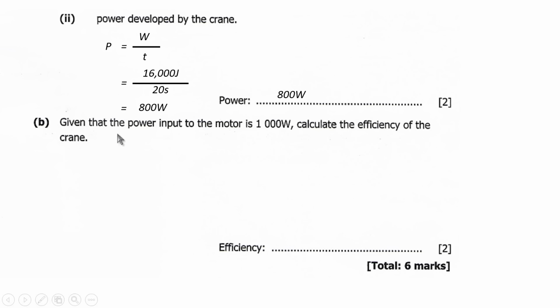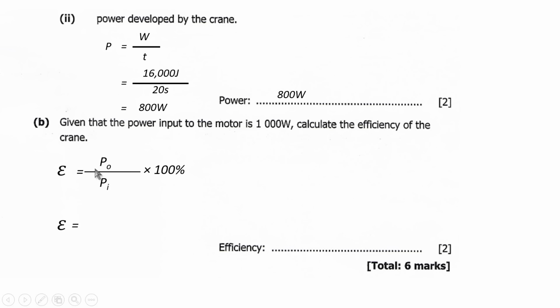Now B says, given that the power input to the motor is 1000 watts, calculate the efficiency of the crane. Now efficiency is equal to power output over power input, times 100%.